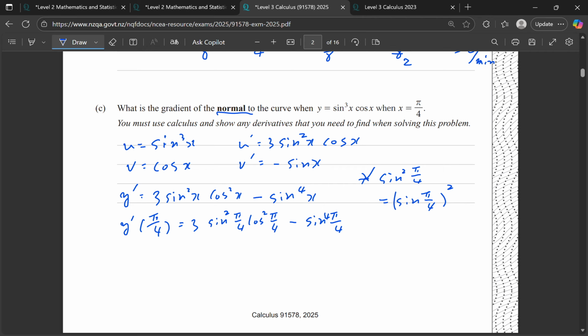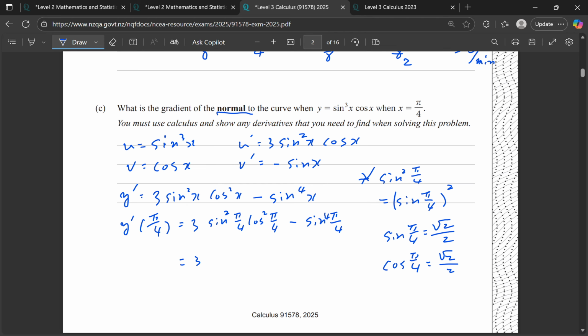Oh, sorry, sine pi over 4 is square root of 2 over 2, right? And cosine pi over 4 as well, that's square root of 2 over 2, right? You can use a calculator. So a equals 3.